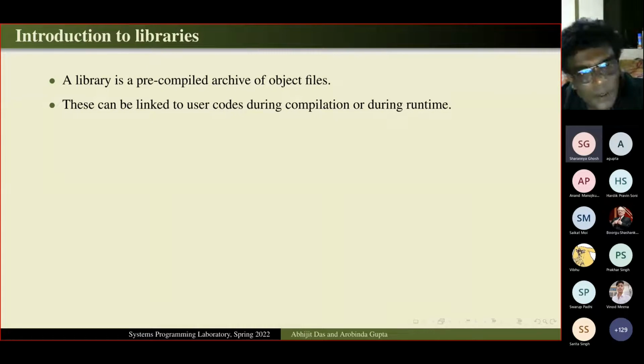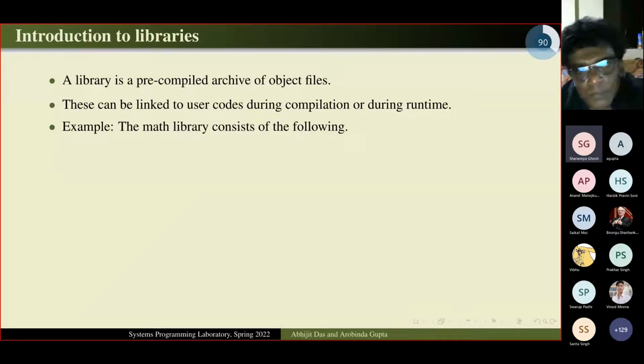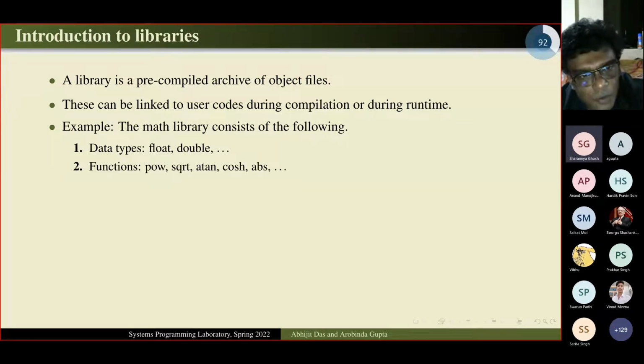Okay, so now if I, for example, look at the math library, it consists of several components. First, there are several header files, which define the data types like float, double, and so on. It also has a collection of function prototype definitions: power, square root, arctan, cos, hyperbolic, and so on.